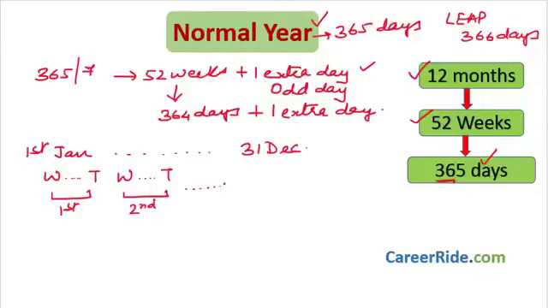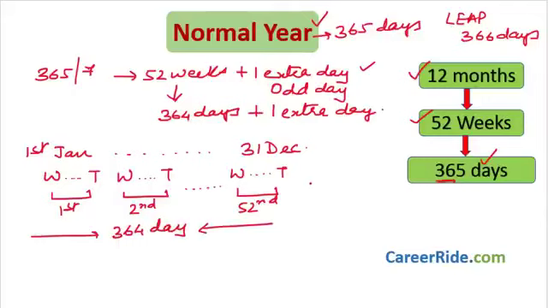Similarly, I'll keep going on, starting on Wednesday, ending on Tuesday, and my 52nd week comes here, right? And I know that this exhausts my 364 days. But I'm still left with one extra day, which I also called an odd day for the purpose of this chapter.